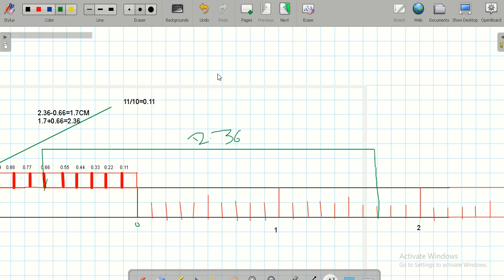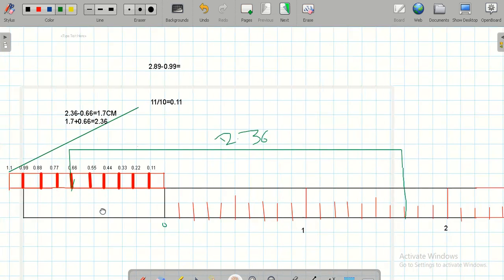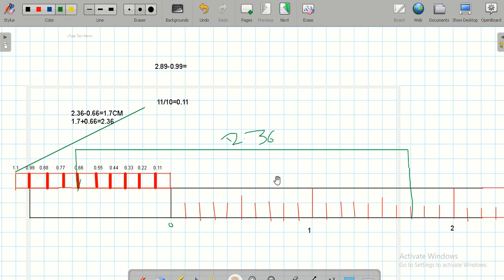Let's have another example. Suppose you have been asked to measure 2.89. What will you subtract? Just see the last digit, 0.99 you will be subtracting. No other number will give two decimal places, but if you subtract 0.99, definitely it will. Just subtract it with the calculator, it will give 1.9.